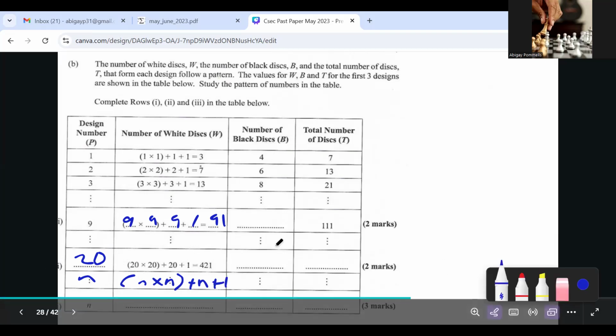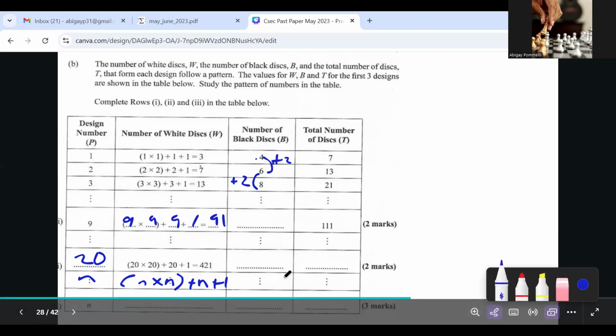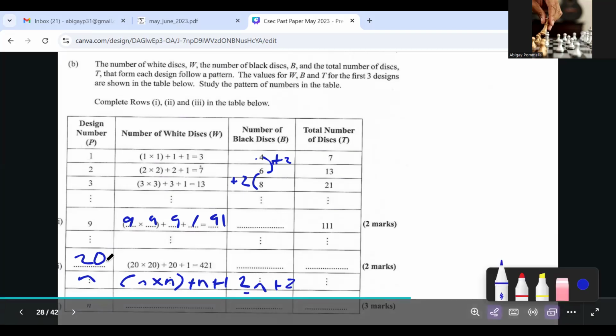Let's move on to this column now, the number of blocks. Every time you go down here, you're adding 2. So my pattern will be about like 2n plus 2. Remember, the n is the number.